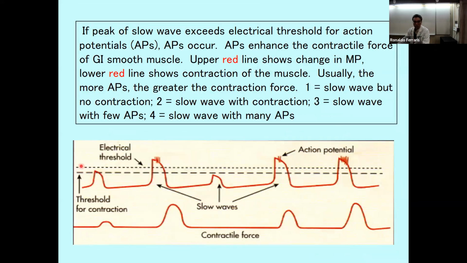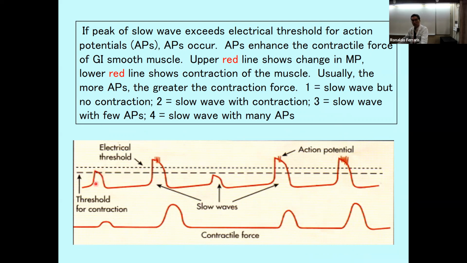Now this is your electrical threshold, the short dashed line. This is the threshold for contraction of that smooth muscle. Above the electrical threshold, there are action potentials. Below the electrical threshold, there are no action potentials, as you can see.